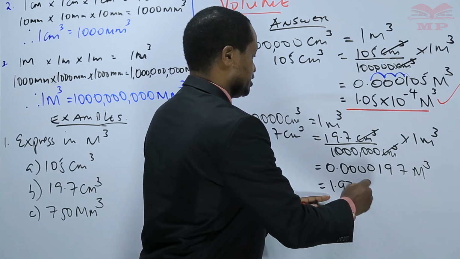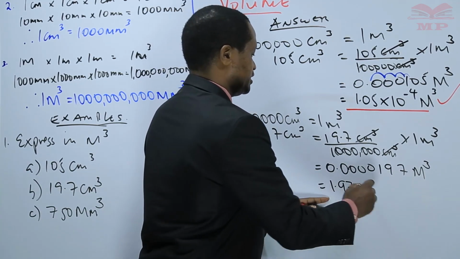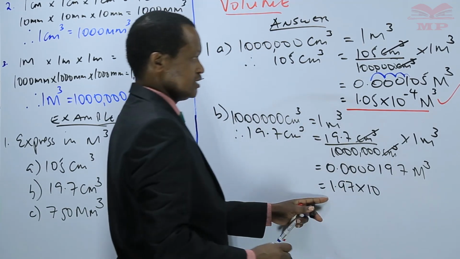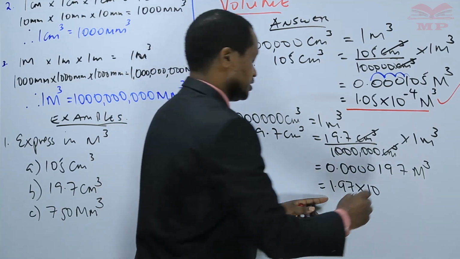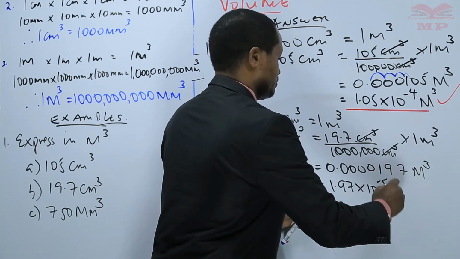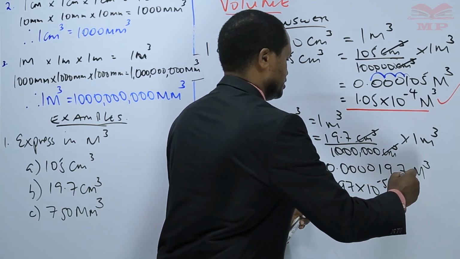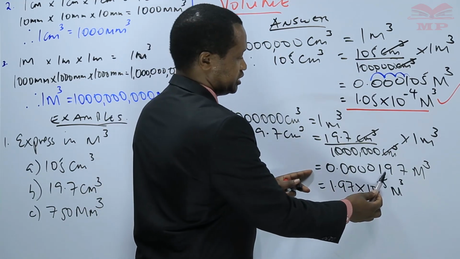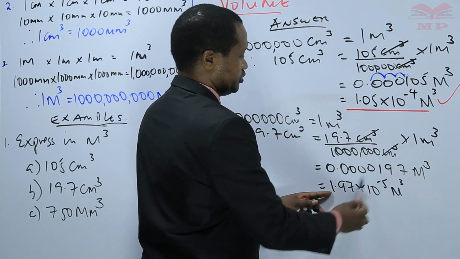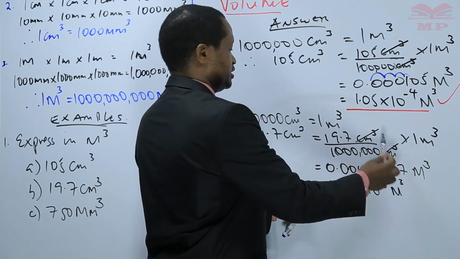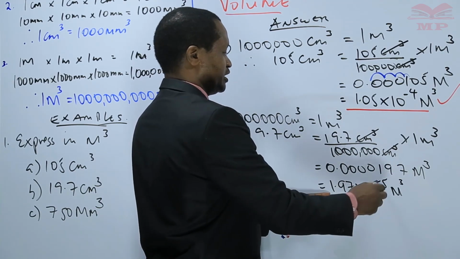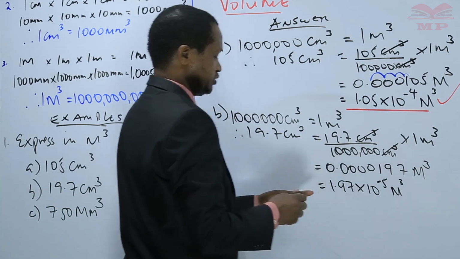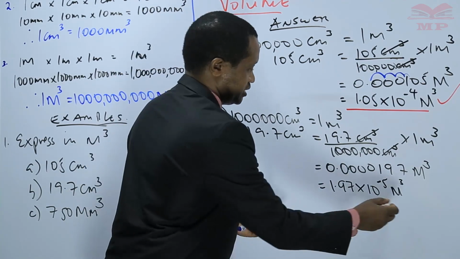So we multiply by 10 to the power of -5 cubic meters. Since we moved 5 times to the left, it is -5. So this is our answer.